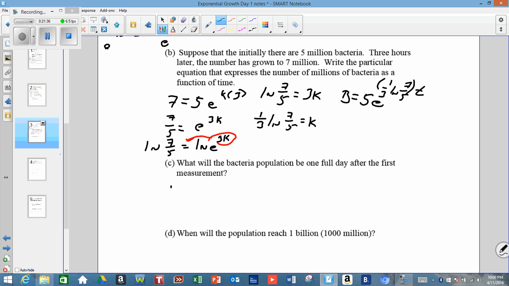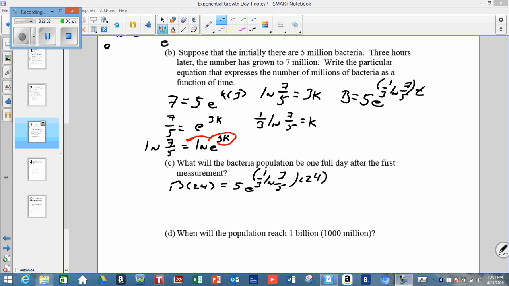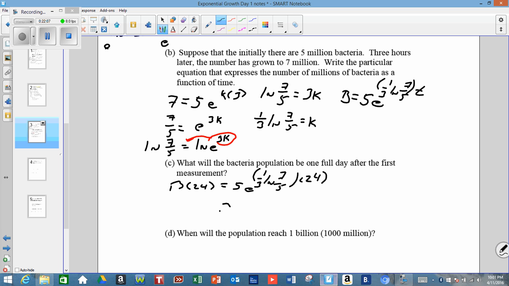So we're going to get B at 24 hours equals 5e to the 1/3 ln 7/5 times 24. All right. You can plug this guy right into your calculator. Just be careful. And you're going to get, what do we get here?